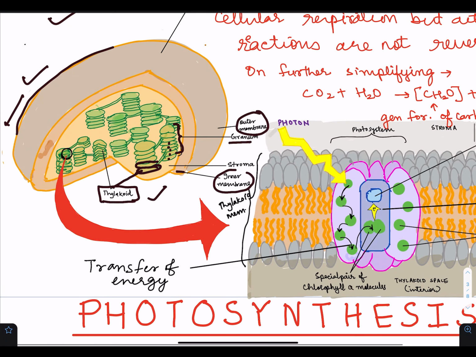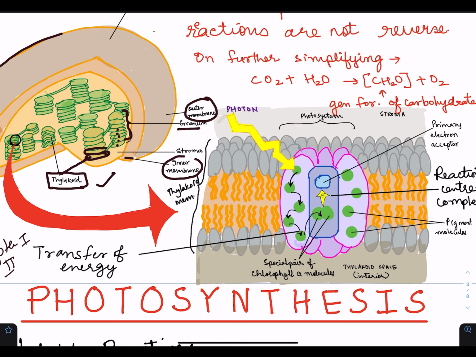And now when we'll study the reactions, the light reaction, dark reaction, everything, then we will come across some words like photosystem 1 and photosystem 2, the reaction center, all those things. Where they are located?